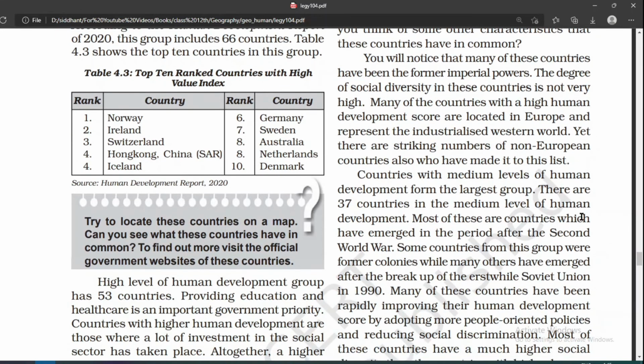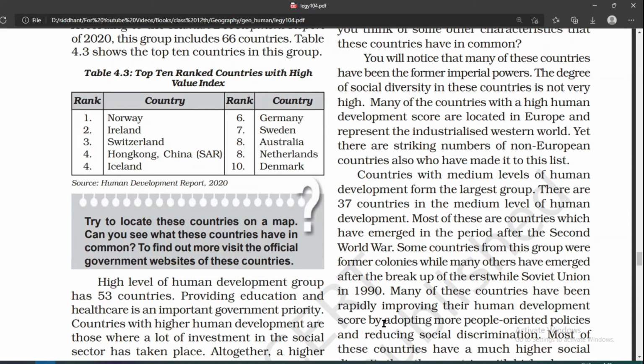Countries with a medium level of human development form the largest group. There are 37 countries in the medium level of human development. Most of these are countries which have emerged in the period after the Second World War. Some countries from this group were former colonies, while many others have emerged after the breakup of the erstwhile Soviet Union in 1990.